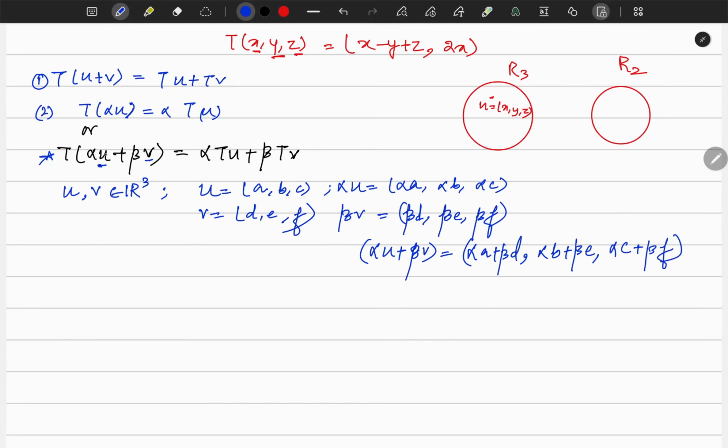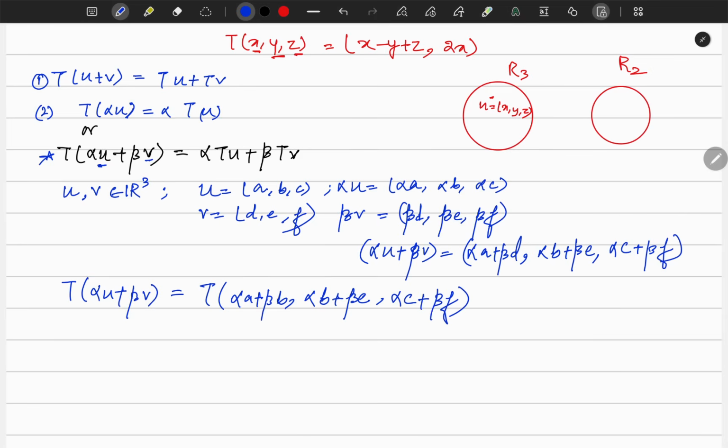Now you have to apply the T. So T of alpha u plus beta v will be T of (alpha a plus beta d, alpha b plus beta e, and alpha c plus beta f).